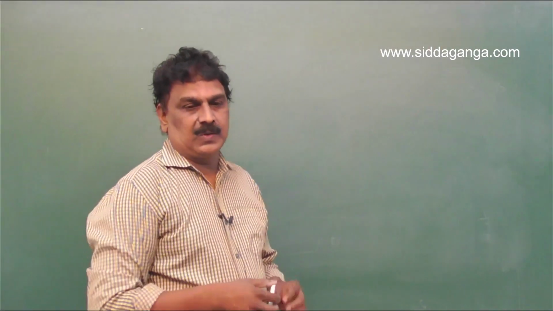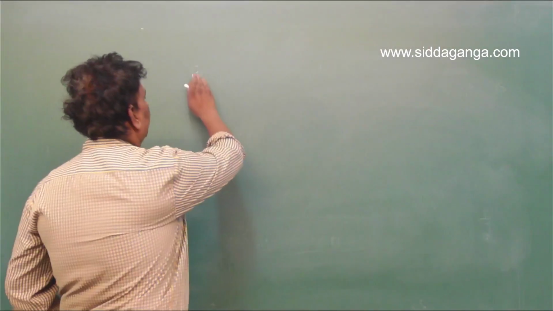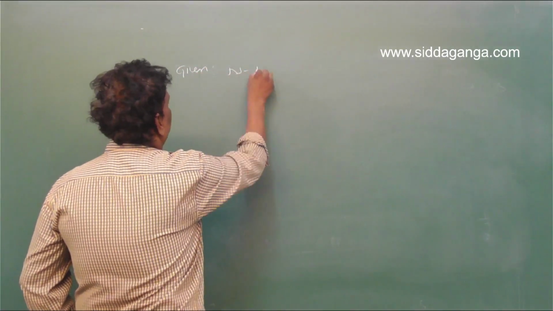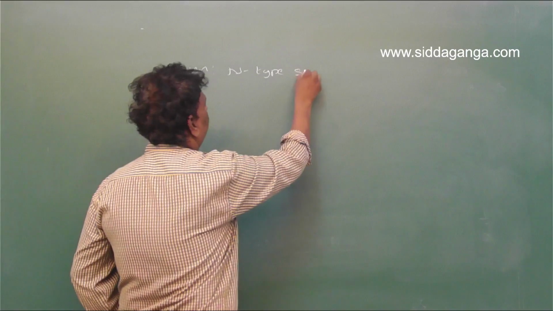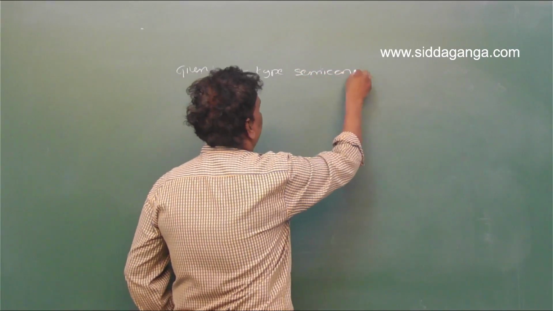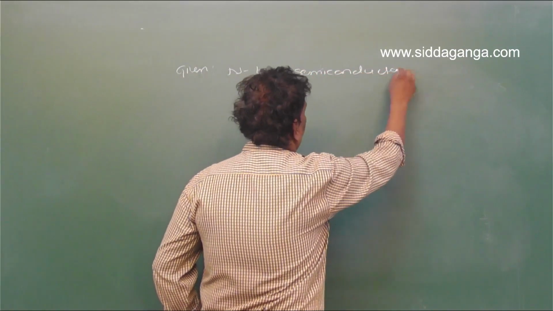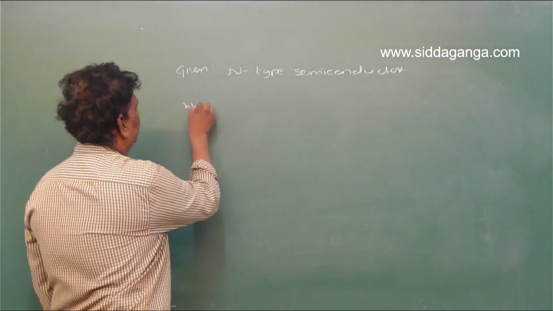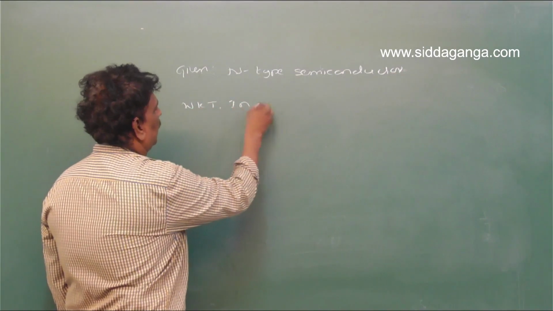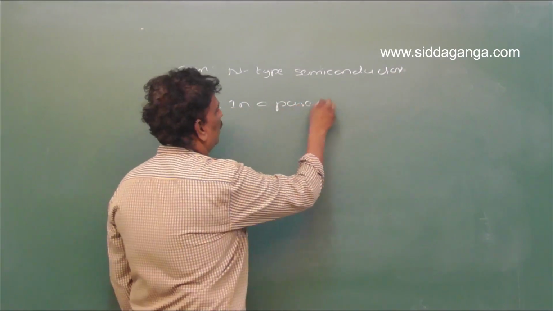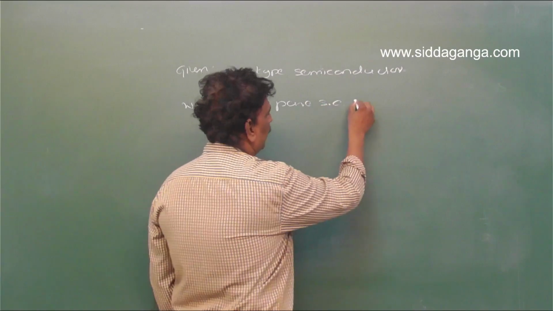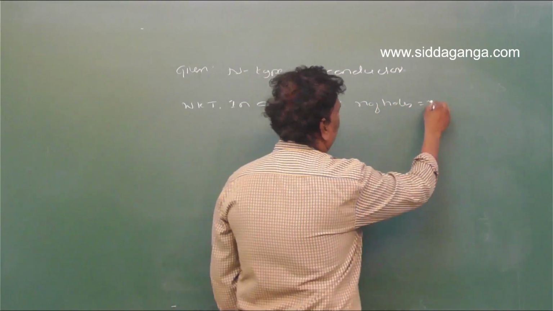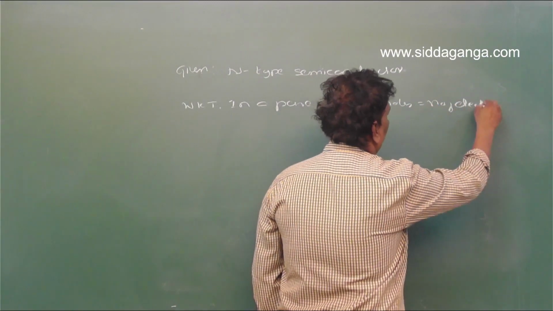Now, we have given an n-type semiconductor. So, we know that in a pure semiconductor, the number of holes is equal to the number of electrons.